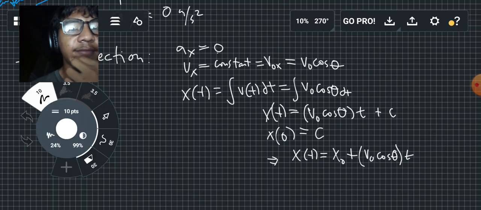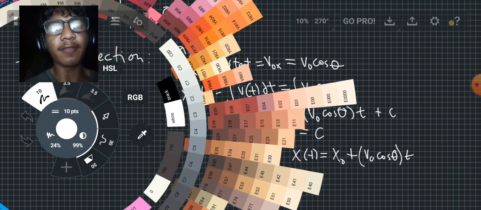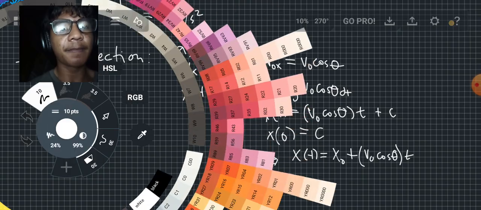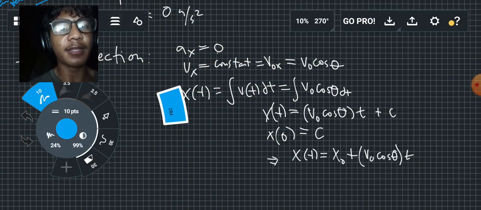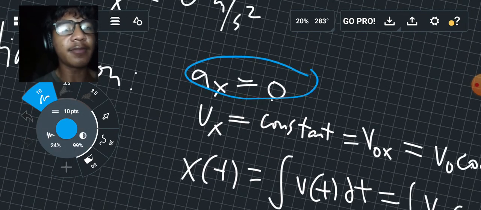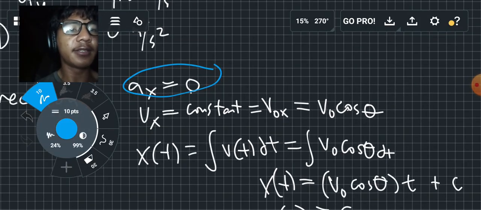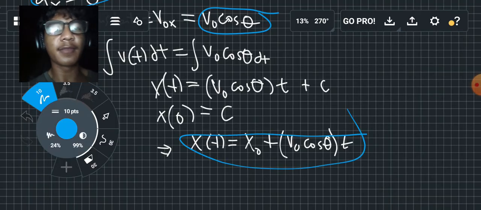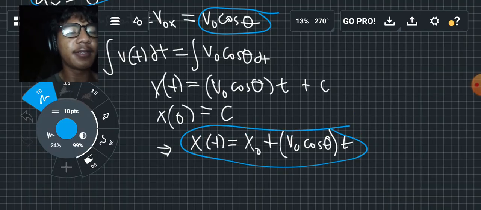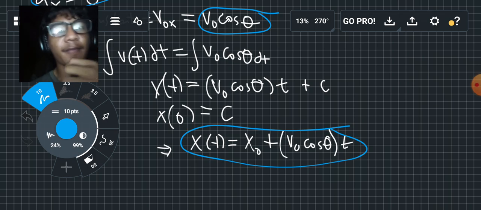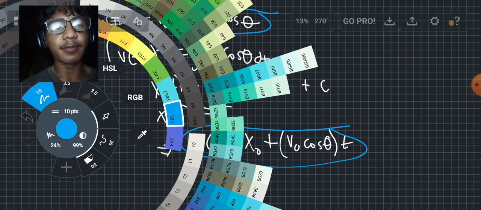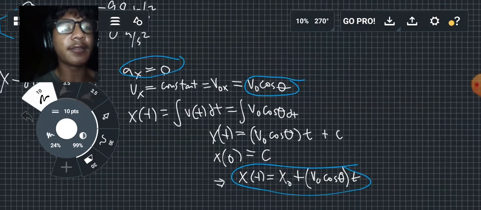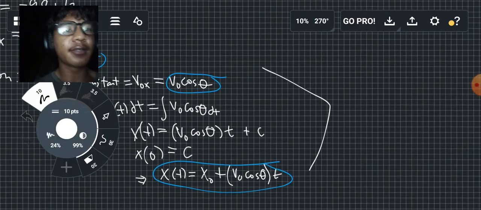So we have three key formulas for the x direction: this one for the velocity, and this one for the position function. Now these are all time dependent.